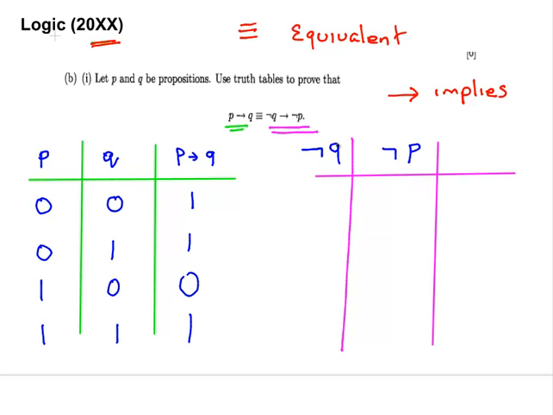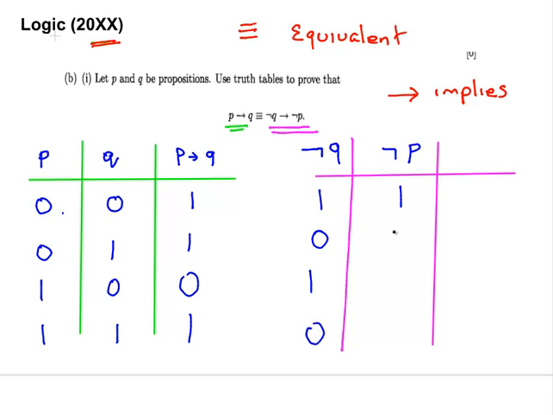We can just use the values over there. So not Q is, let's look at this value here, 0, 1. So put in the opposite values here, 1, 0, 1, 0. Not P, well, we start off with a 0 over here, so that'll be equivalent to a 1.